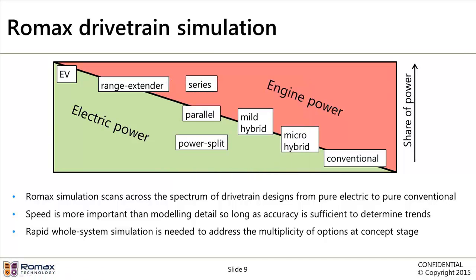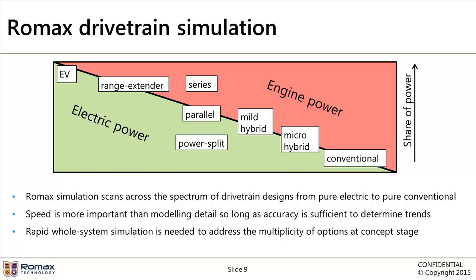For example, when you switch between pure electric driving and using engine power, at concept design stage, it's more important to be able to look at all of these options quickly than to do very detailed simulation, as long as the model fidelity is sufficient to enable engineering judgments on how to optimize your vehicle.